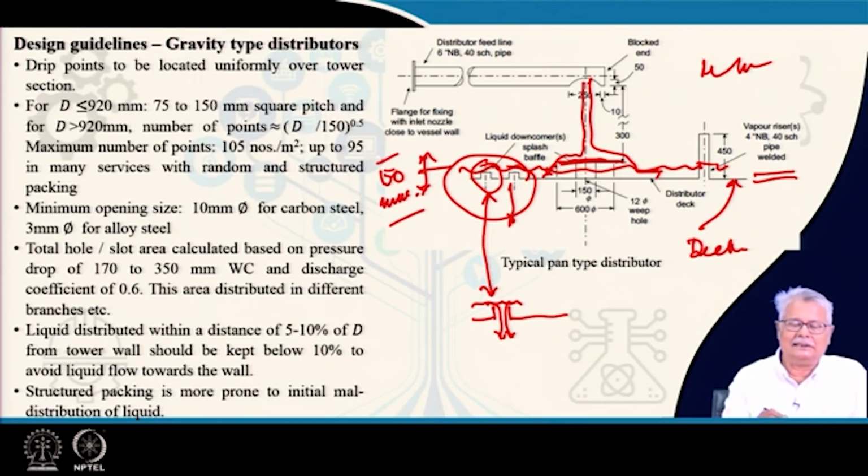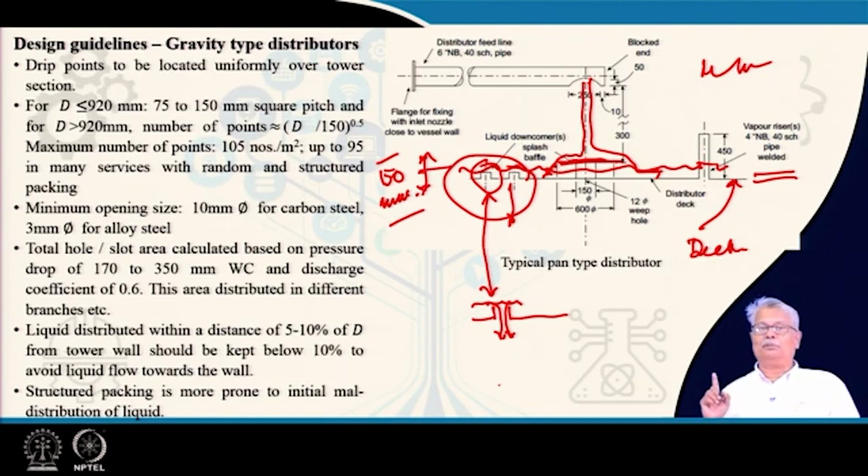The different technical details are given here, so that you can read them yourself. I do not think that I need to read it out for you, but there is something very important here. This deck must have weep holes. You have to have some arrangement for draining it when it is not in operation.